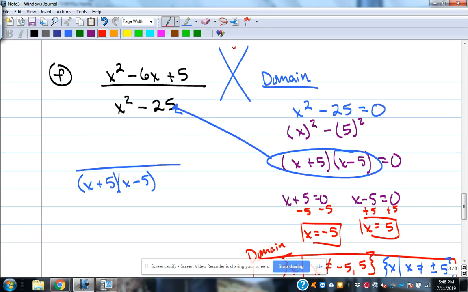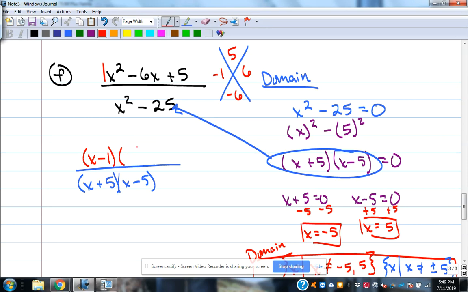1 times 5 is 5. Got to add to be negative 6. Negative 1 and positive 6. Can I use the shortcut to factor that? Yes, because there's a 1 in front of x squared. So that means my factors are x minus 1 and x.